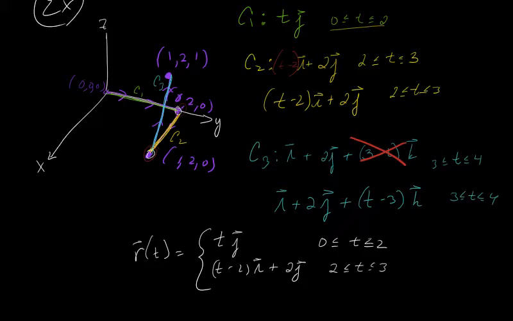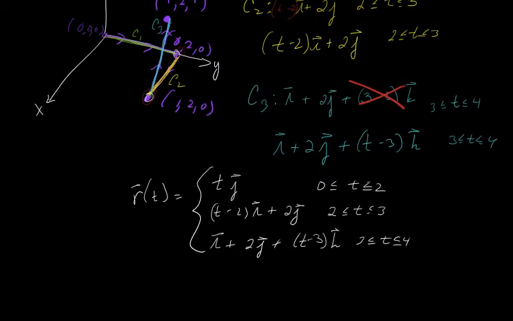And finally, for our third piece, we've got i plus 2j plus (t minus 3) in the k direction, and that's for t between 3 and 4. Okay, and there's a piecewise smooth parameterization of our function.